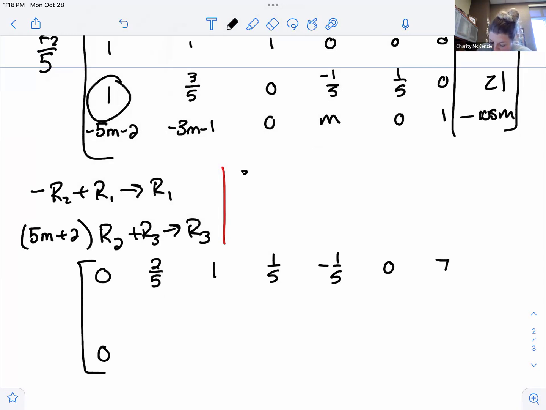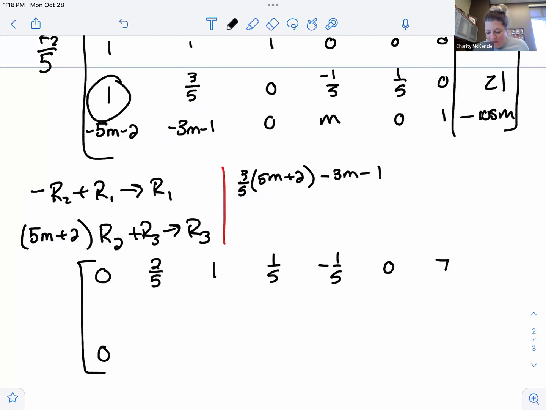But then this next one, I take 3/5 and I times it by 5m plus 2, and then I minus 3m minus 1, because I'm adding those together. You could write it as add and then plus the negative 3m minus 1, however you want to think of that. But basically, this times this plus this. I wrote it out so I could figure it out.